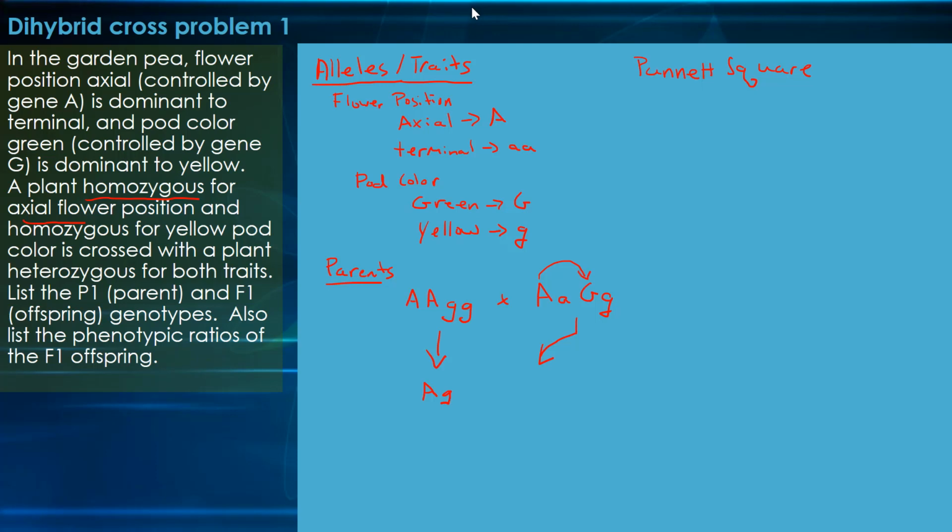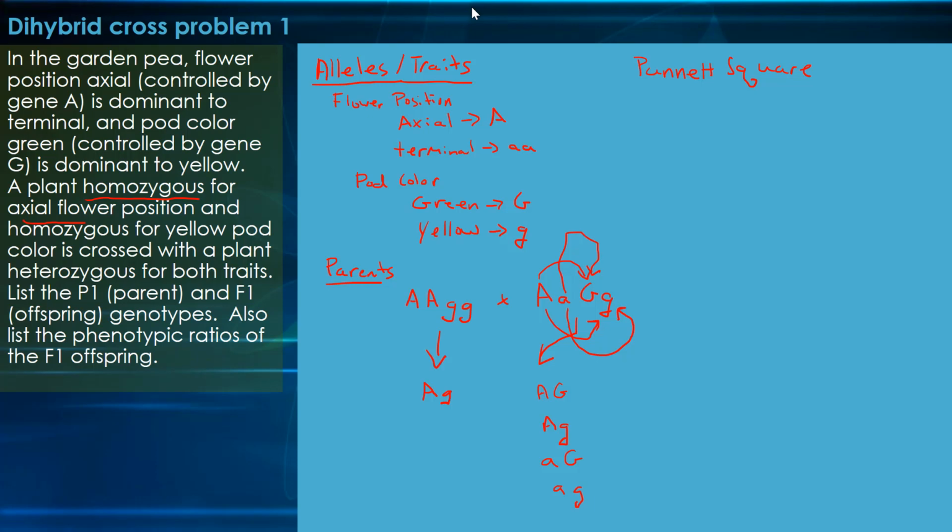Big A, big G. Big A, little g. Little a, big G. And finally, little a, little g. So this is a classic 4 potential different gametes.